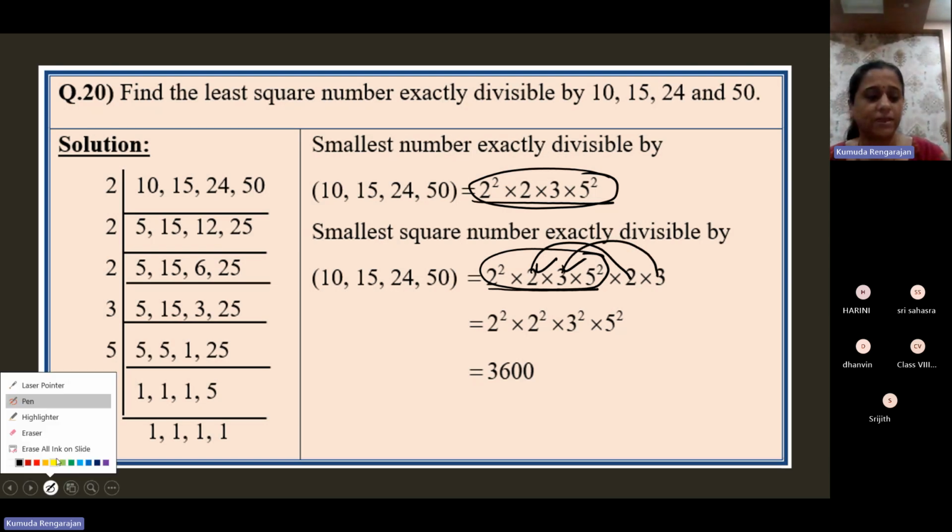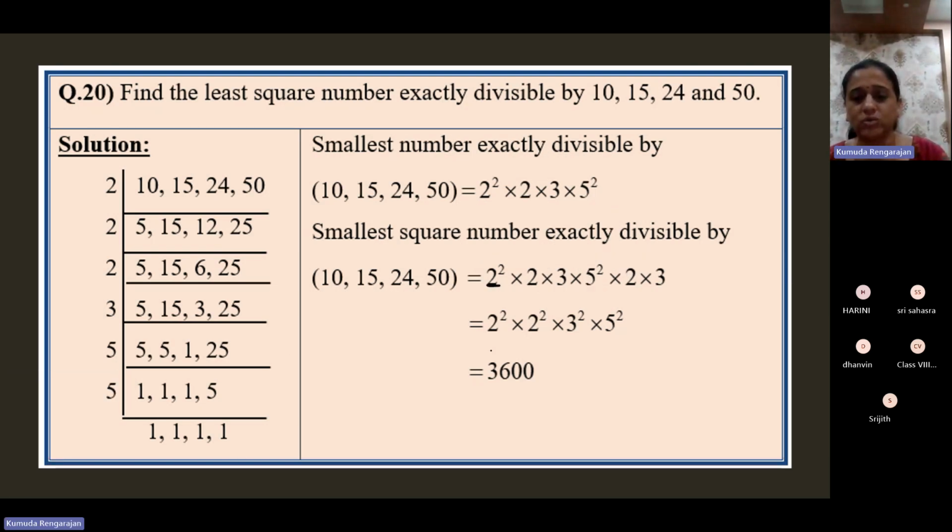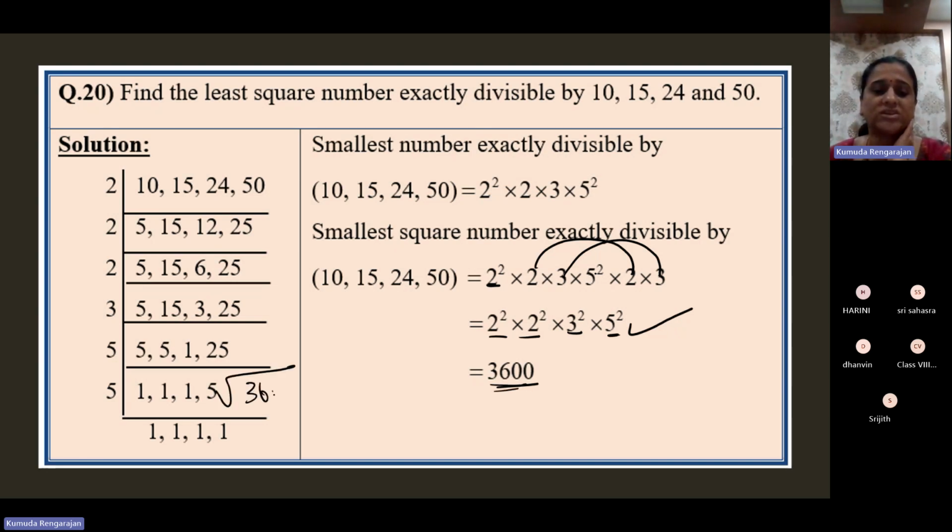See the next step: 2 squared, 2 into 2, 2 squared, 3 into 3, 3 squared, 5 squared. Now you see that every prime factor occurs in pairs. Now find this product. It is 3600. So now 3600 is a perfect square. And we know that the square root of 3600 is 60.